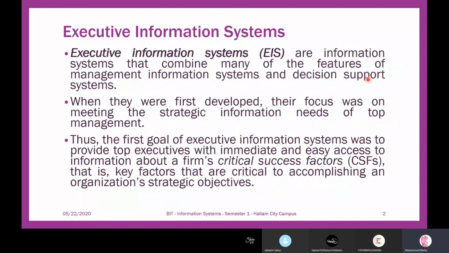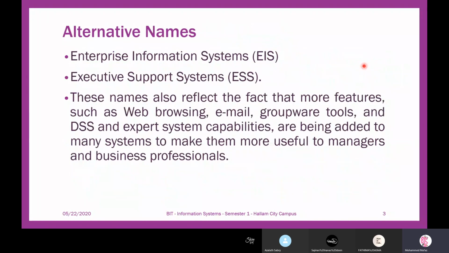So such kind of things will help the top management. So different names are used for these systems: enterprise information systems or executive support systems. These names also reflect the fact that more features such as web browsing, email, groupware tools, and DSS and expert system capabilities are being added to many systems to make them more useful to managers and business professionals.